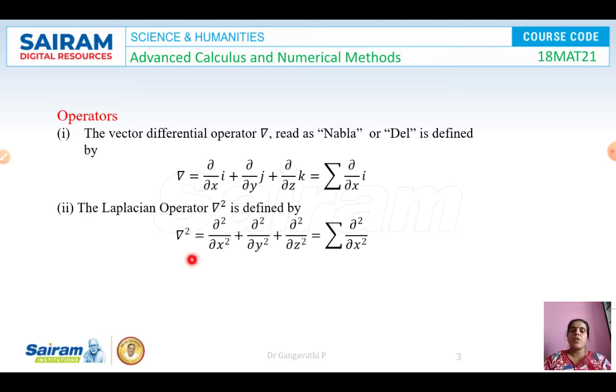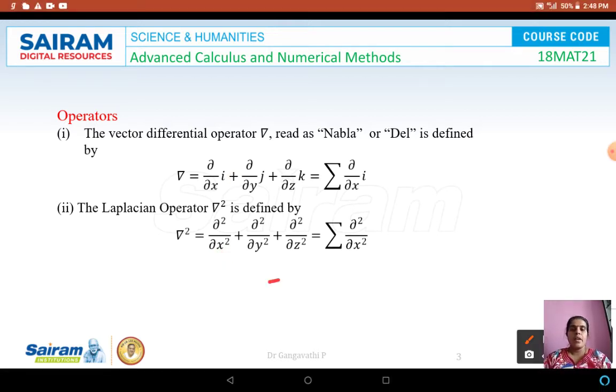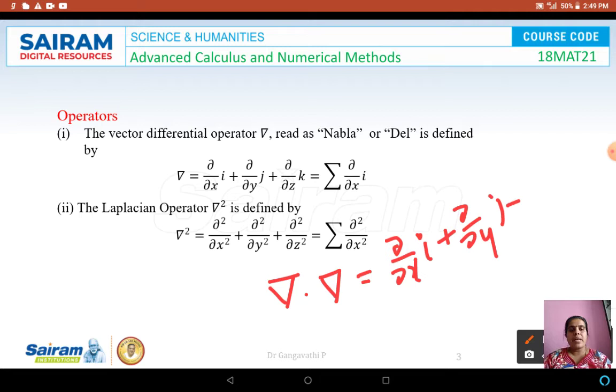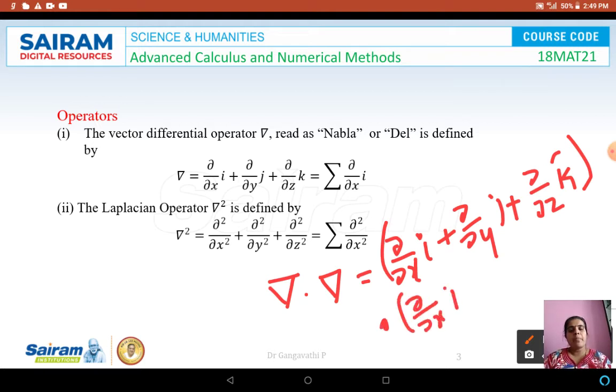Similarly, the Laplacian operator del square is defined as del dot del. If you take del dot del, it is going to be del square. So it is dou by dou x i plus dou by dou y j plus dou by dou z k cap, dot product with the same, dou by dou x i plus dou by dou y j plus dou by dou z k cap.